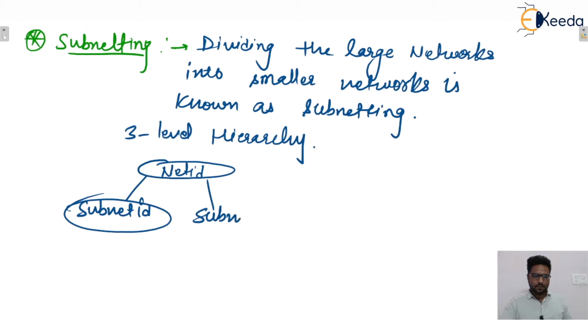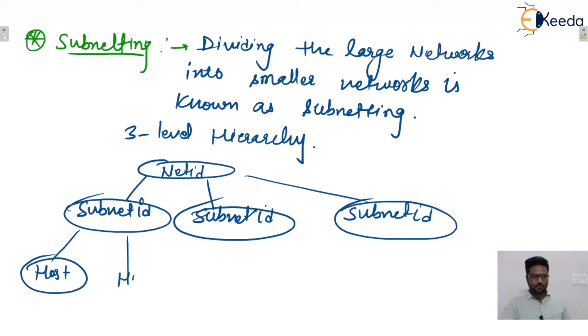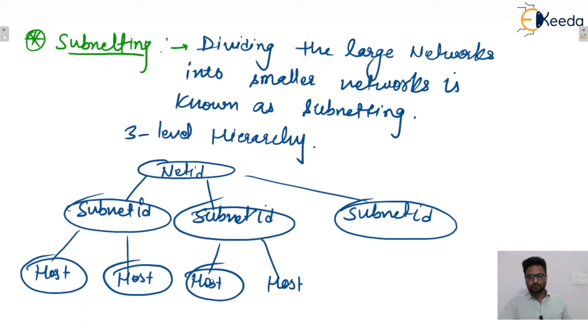Various subnets and corresponding subnet IDs will be there. And at the third level there will be hosts. So in the tree structure, there is a three level hierarchy.